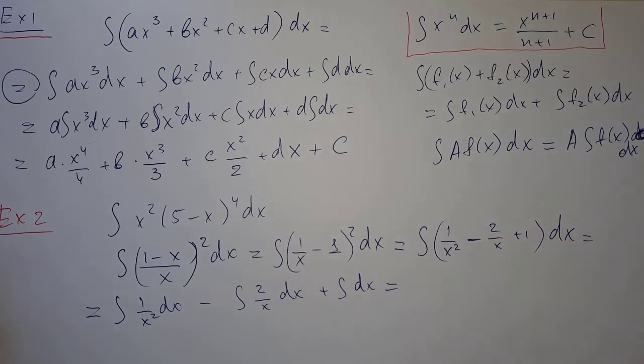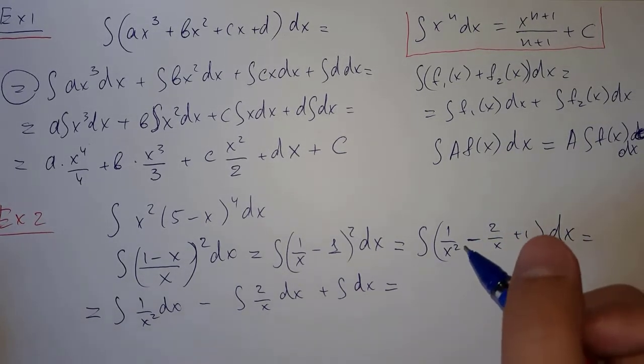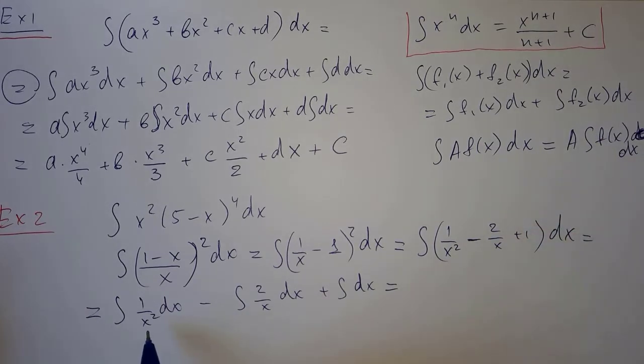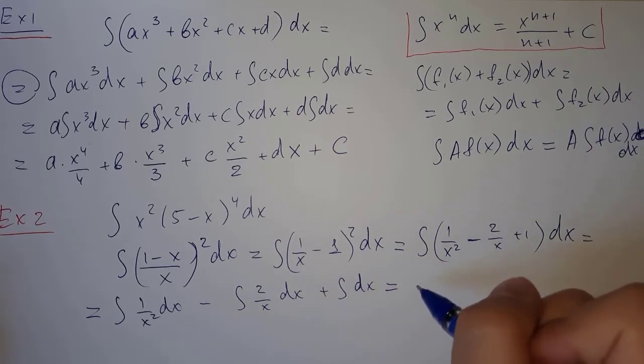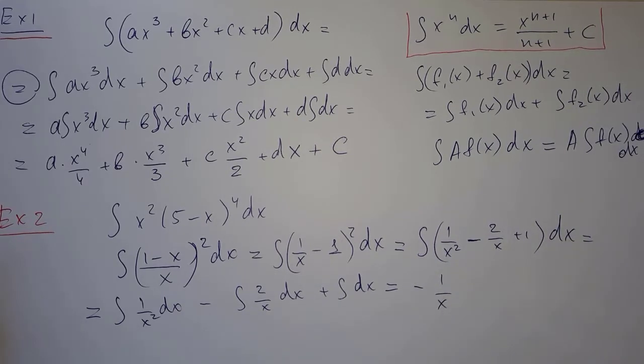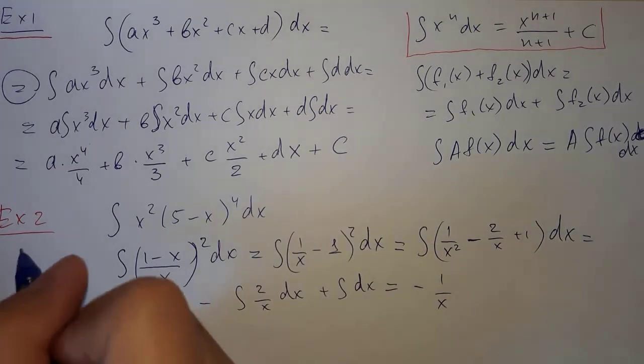So, and now what do we get? This is minus second degree. So minus 2 plus 1 will be minus 1, over minus 1. So we get minus 1 over x here. One more time, look here.